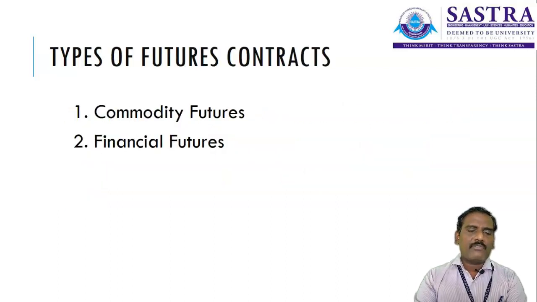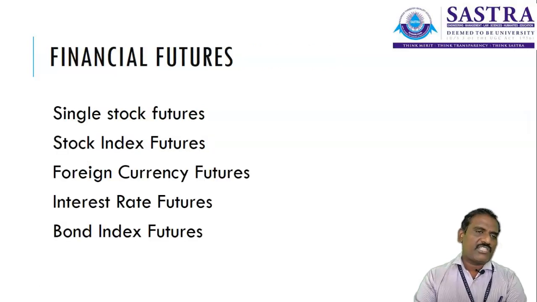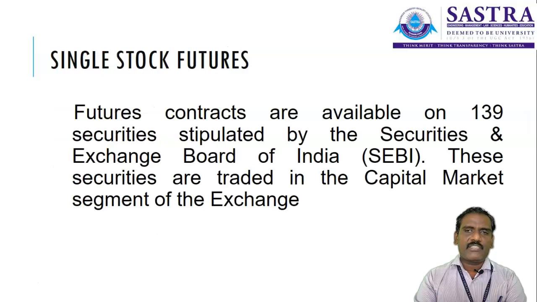And there are two types of future contract. They are classified into commodity futures and financial futures. The financial futures are further classified into single stock futures, stock index futures, foreign currency futures, interest rate futures, and bond index futures.